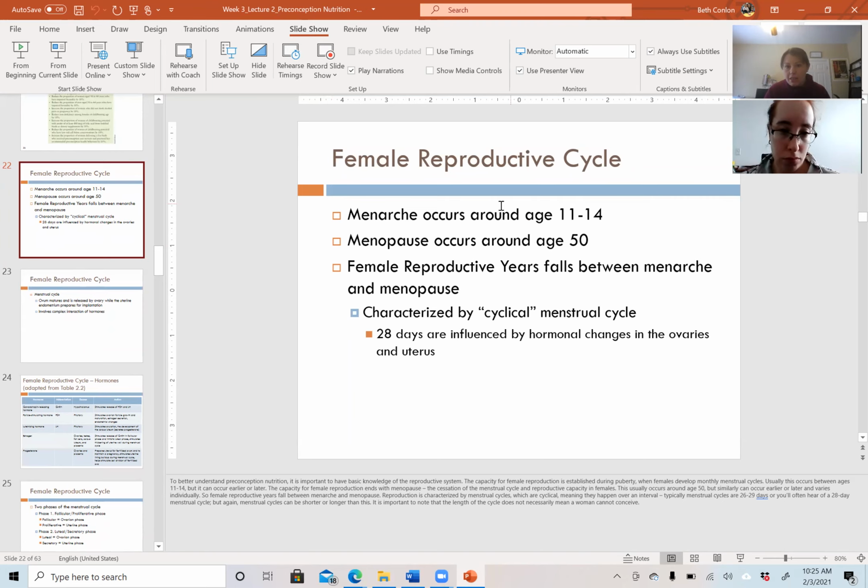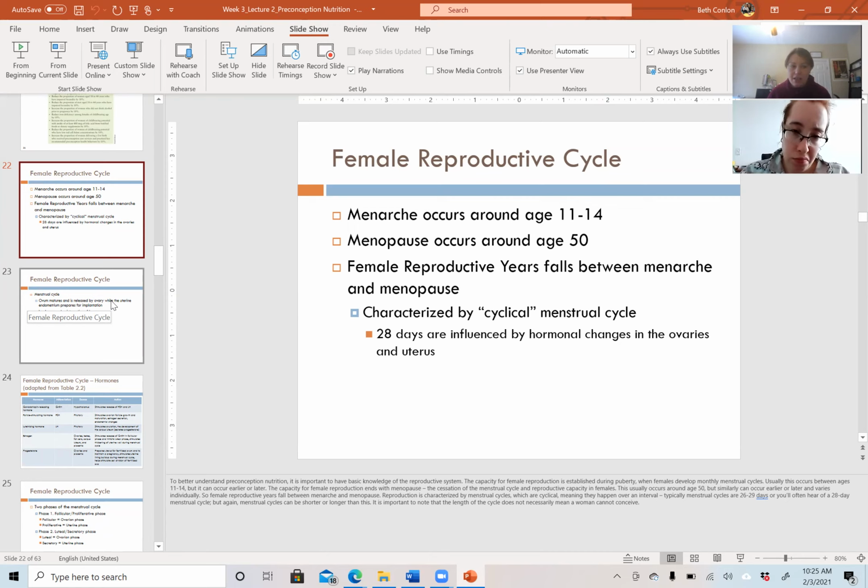And then the period between when menstruation starts and when it ends is the female reproductive years. A typical cycle we think of as 28 days, but again, that also has variations. It can be less and it can be more.